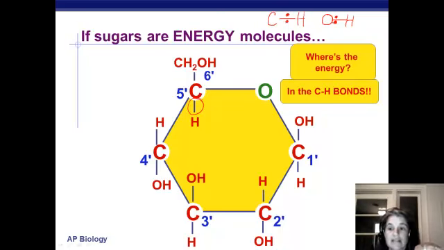Since that is the case, when they are near an oxygen, there's not much energy left. They have gotten to their lowest energy state. They are being hugged so tightly by oxygen.